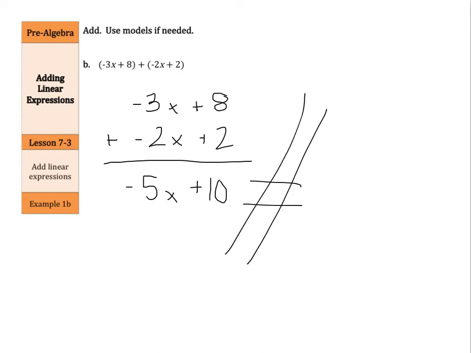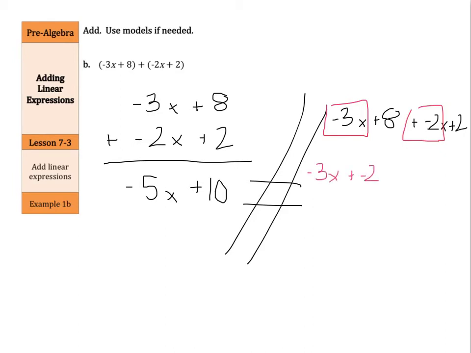What if we tried something similar to what we did in example A? Negative 3x plus 8 plus negative 2x plus 2. What if we do our box and circle thing? We put boxes around our negative 3x and our plus negative 2x, regrouped horizontally, and then we have plus 8 and plus 2.